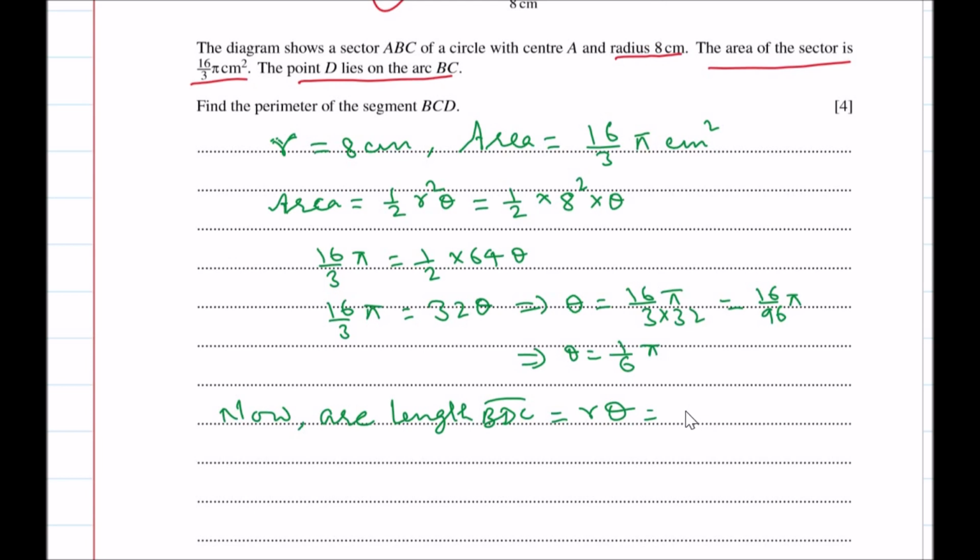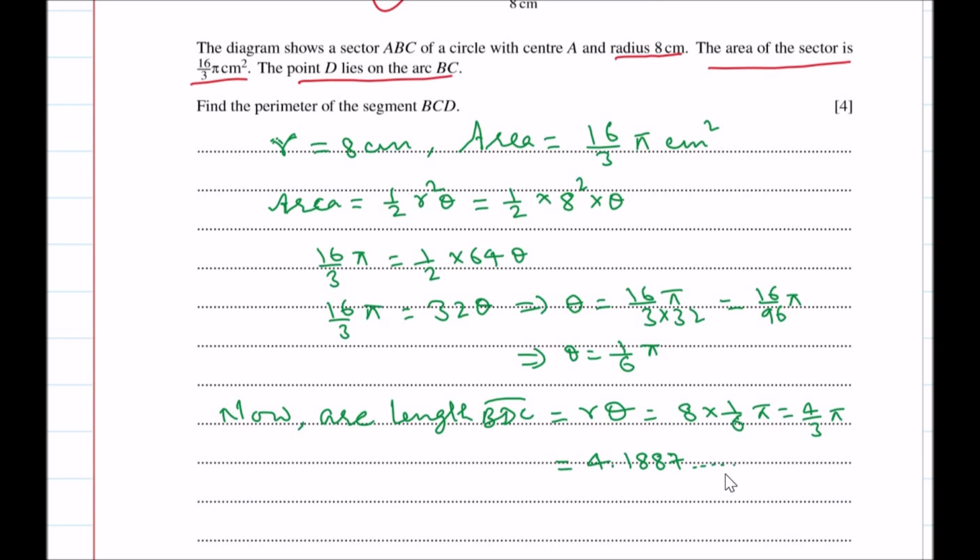So r equal to 8 into 1 by 6 pi. So that gives us 4 by 3 pi. So this is equal to 4.1887 and many more digits, I'll write in 5 SFs.